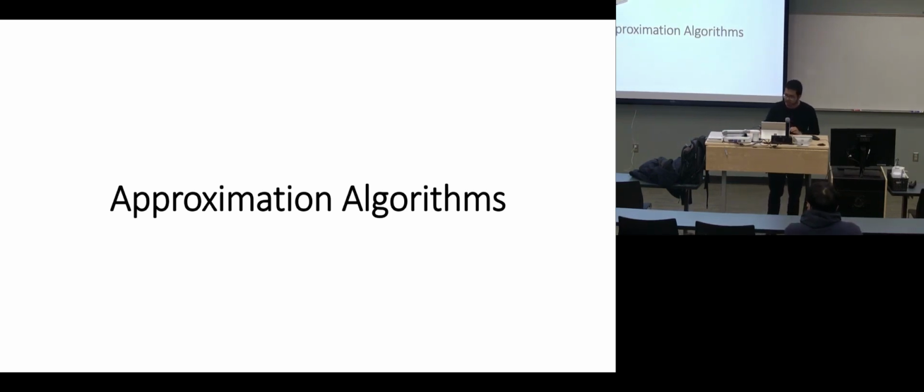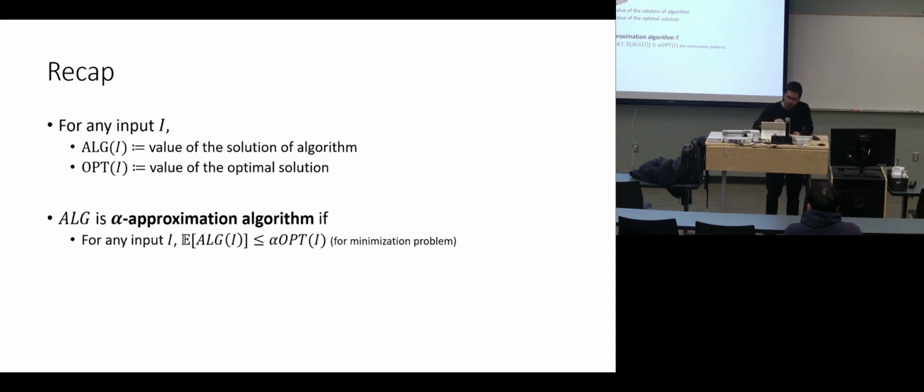What we have is that when there is an input I, and let's say that we are considering a maximization problem or minimization problem, we want to optimize something. Given input I, let ALG of I denote the value of the solution from the algorithm, and let OPT of I be the optimal value.